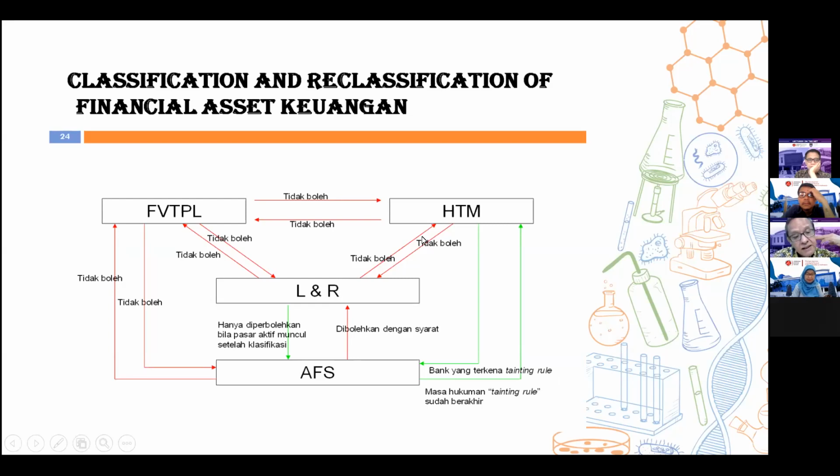Then if you have marketable securities, maybe for trading, but sometimes you hold them only for idle cash, then you call it AFS. This is the category that started from 2010, implemented in Indonesia because of IFRS adoption.